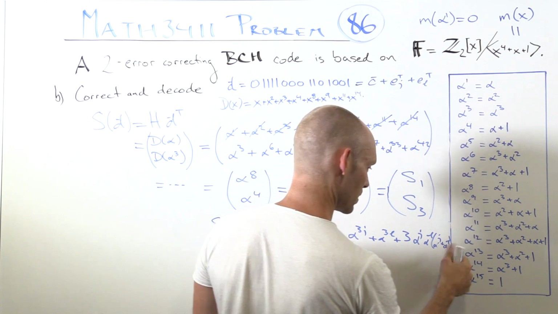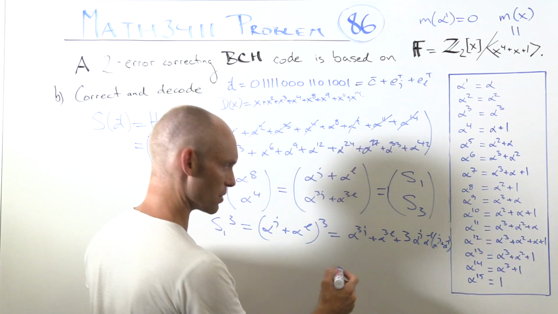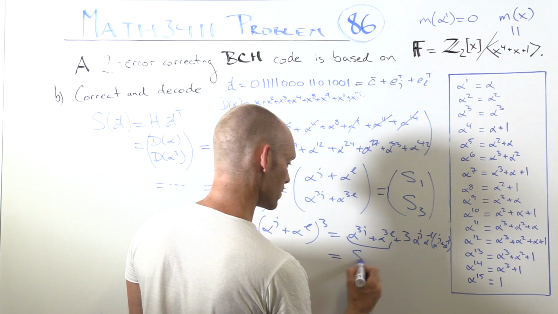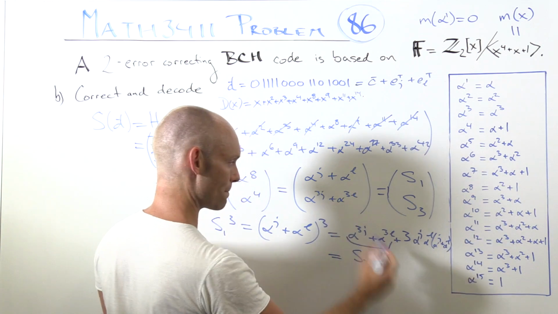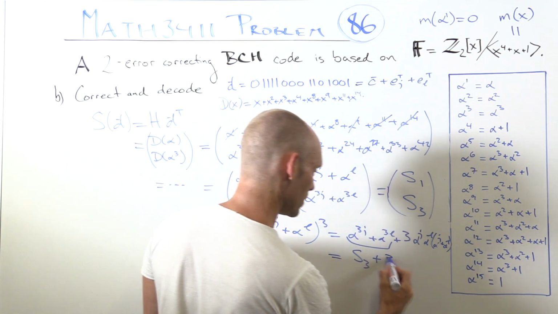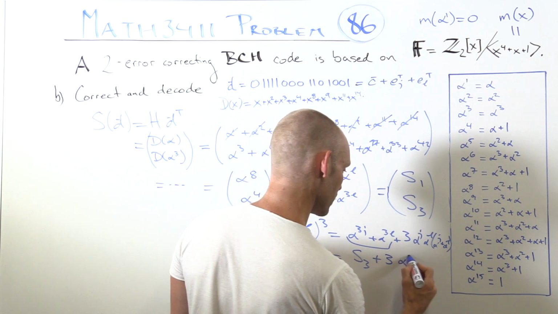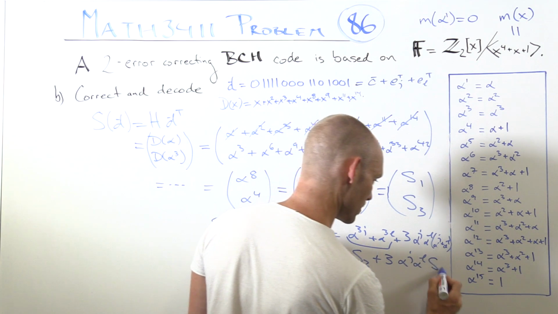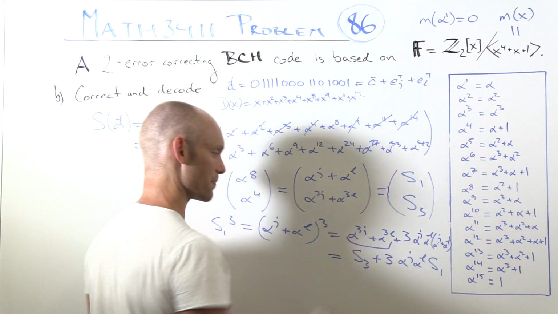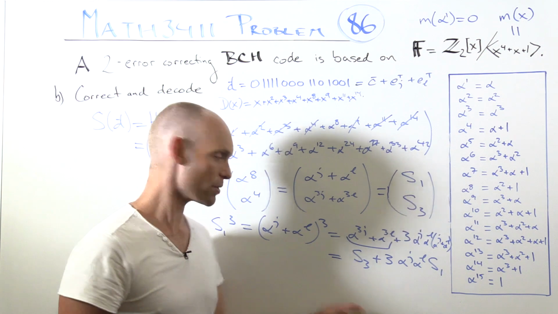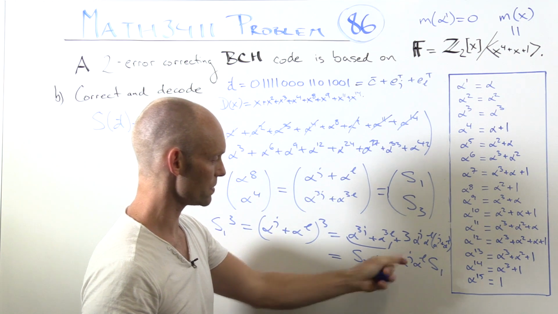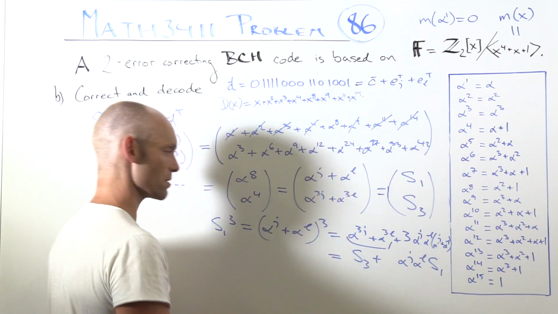Now you might not be able to read this properly, so I'll just write it up again. Here in particular, this is just S3. Then we've got plus 3 times the product of these two powers, times S1, the sum of these. Now we're dealing with binary coefficients, so this 3 is also the same as a 1 in binary terms.